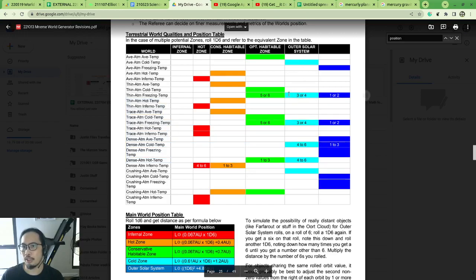So certain planets are in the cold zone. That's why when you have a thin atmosphere and freezing temperature, how can you have a freezing temperature world if it's in these other zones, right? Wait, why is the art like this? Shouldn't this red thing be here? Ah, okay.